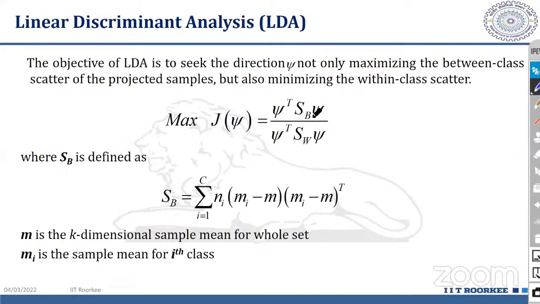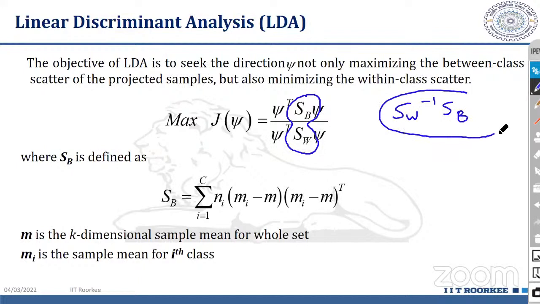That is psi transpose SB psi over psi transpose SW psi. Psi is the direction. Here we have already seen SW inverse into SB. In fact, you have found the eigenvalues of this matrix. So we found the eigenvalues of SW inverse SB. This is due to Fisher's equation: SW is in the denominator and SB in the numerator.